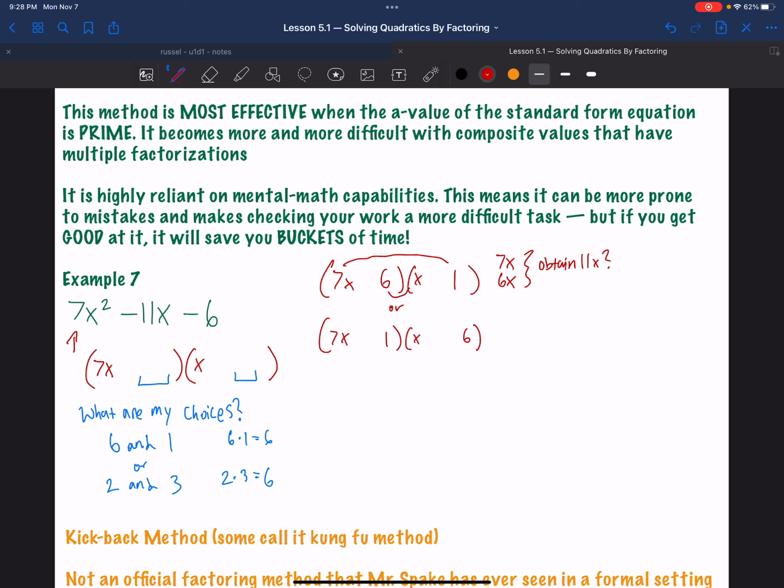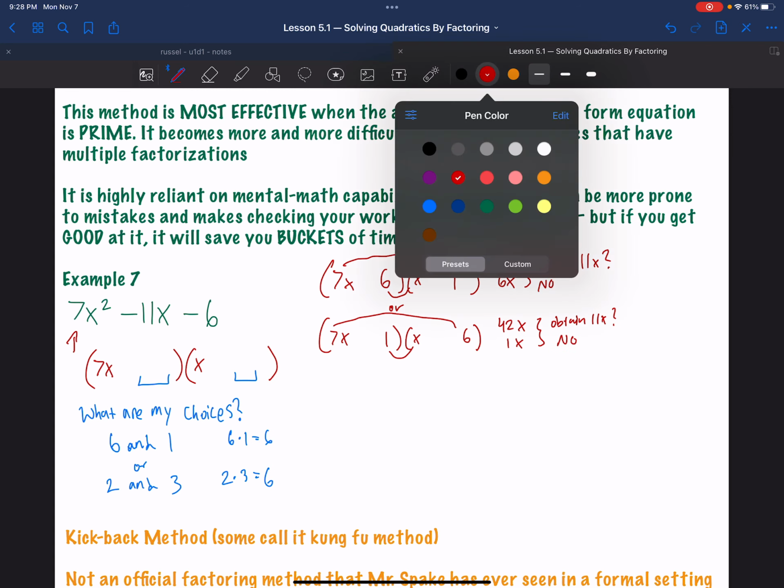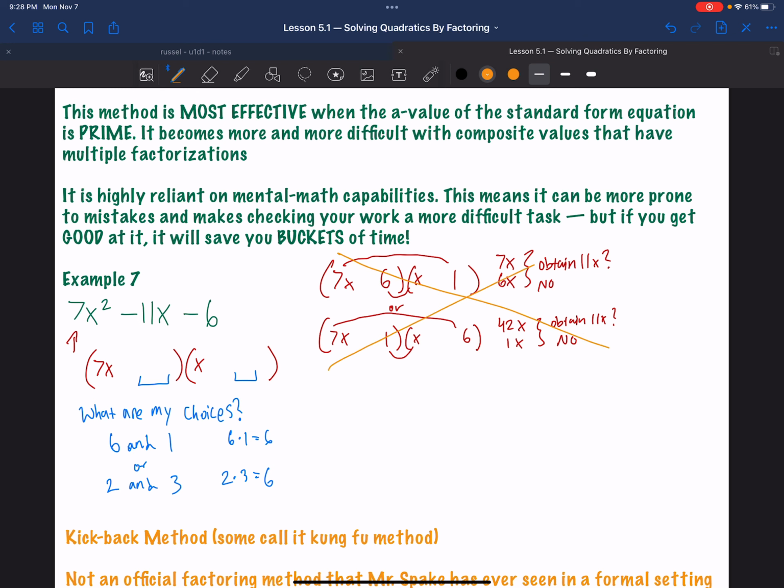Because when I add these middle terms, those should add up to that value, -11. No, this does not work. Now let's try 7 times 6, which is 42x, and 1 times x is 1x. Can this be used to obtain 11x? No. So I'm going to draw a streak through this. That doesn't work. So guessing and checking there, not working. Let's try the next set.